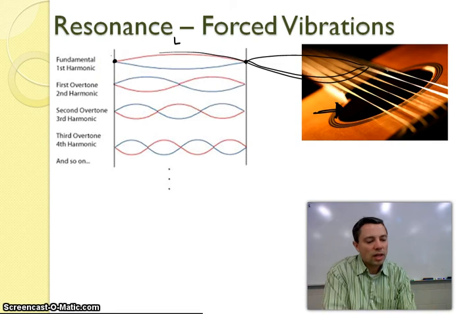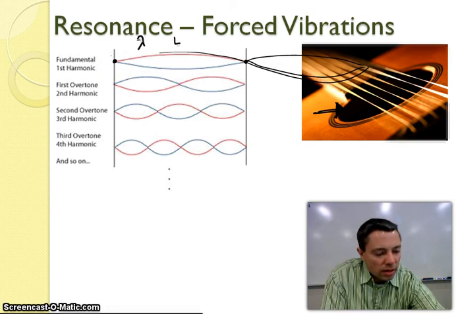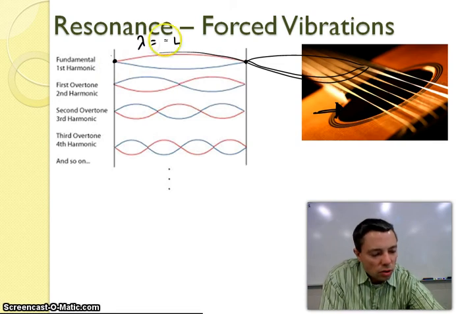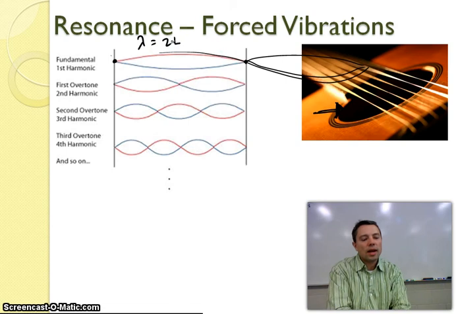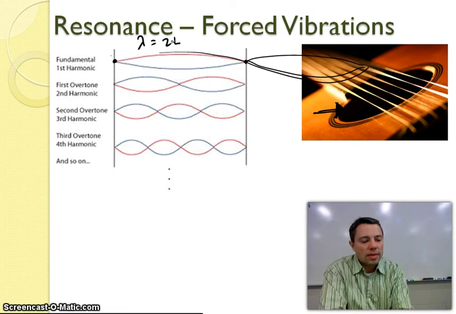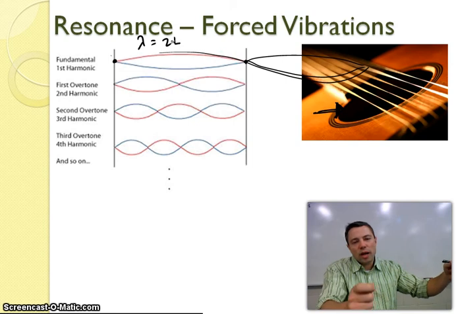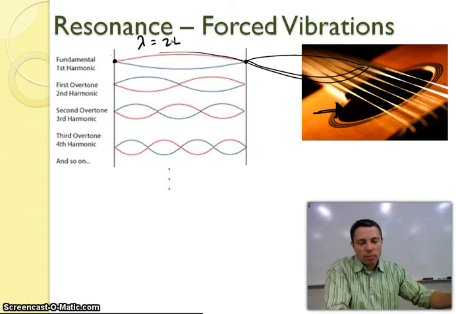In this particular case, a wavelength is equal to 2 times the length of that string, okay? And that's what we call the fundamental frequency. It's the fundamental wavelength of this string. So every string has the ability to vibrate at a fundamental.